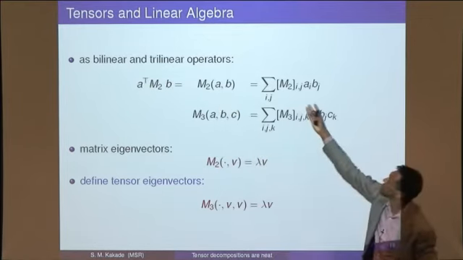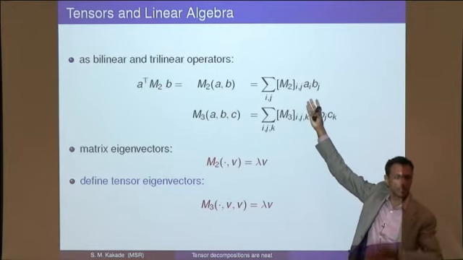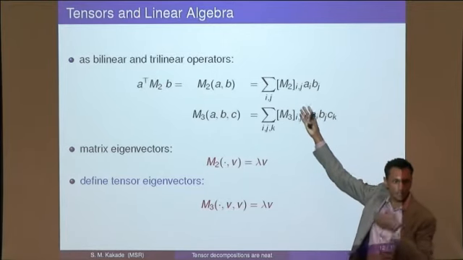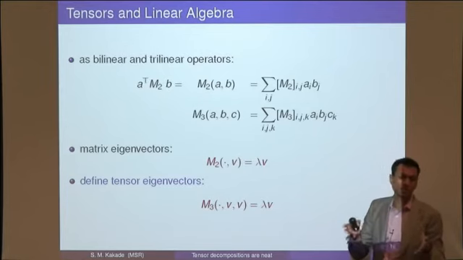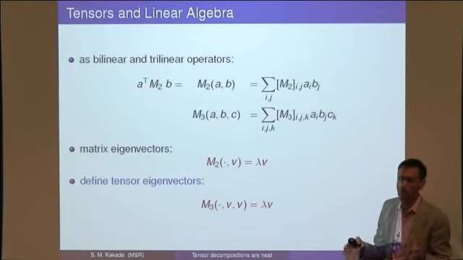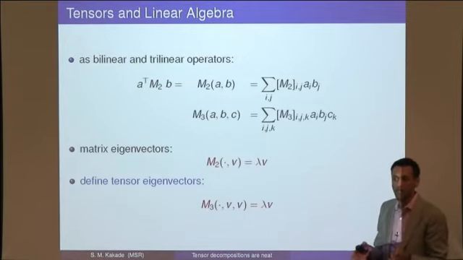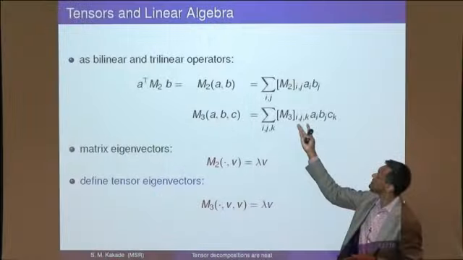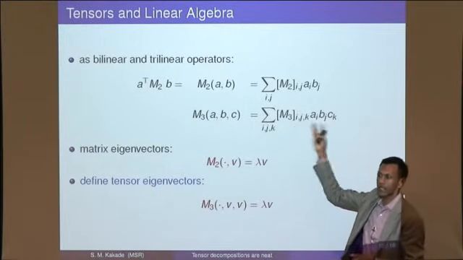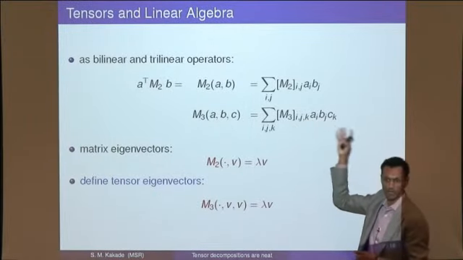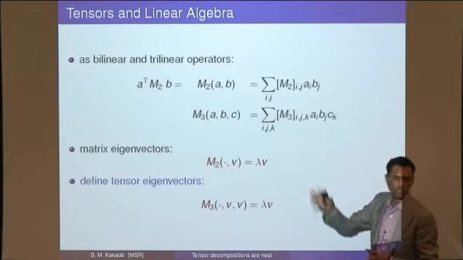And usual matrix multiplication means we just sum out the matrix over those coordinates. And for tensors, we can also think of these things as trilinear operators. We can take a tensor and hit it with three vectors. And in the same way you do matrix multiplication, you take this tensor, which has three coordinates, and sum them out over these three vectors. So it's linear in each of these operators, right?